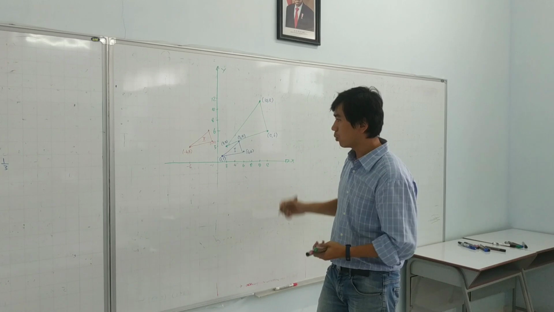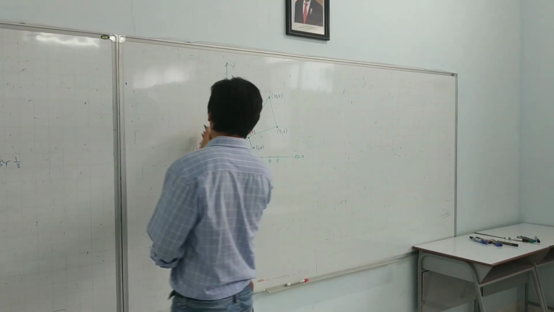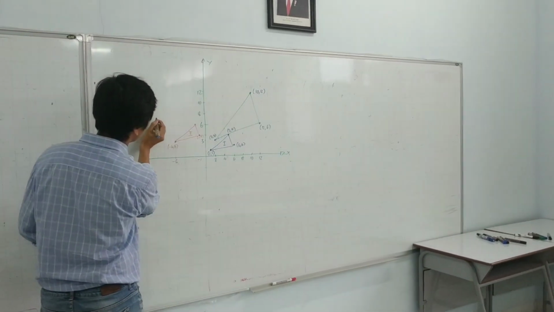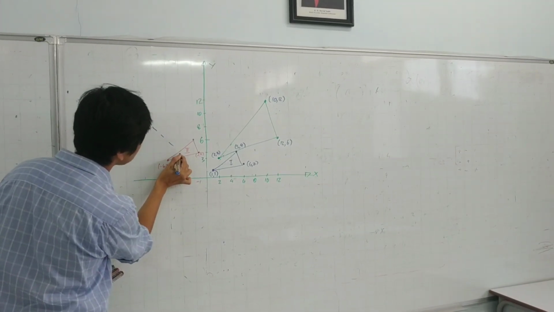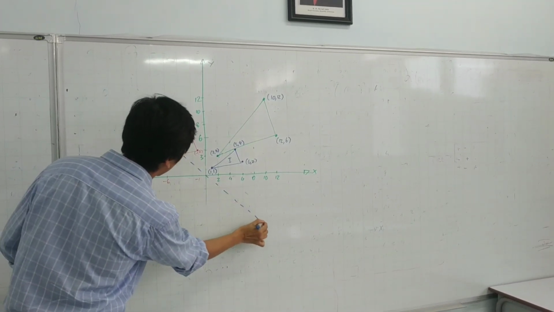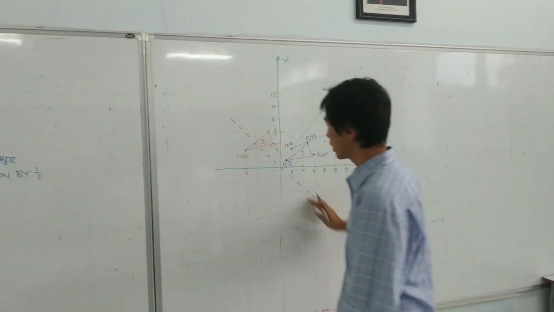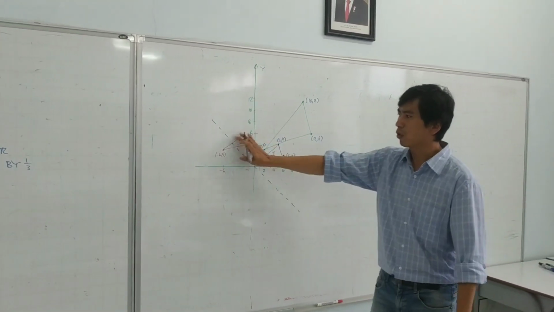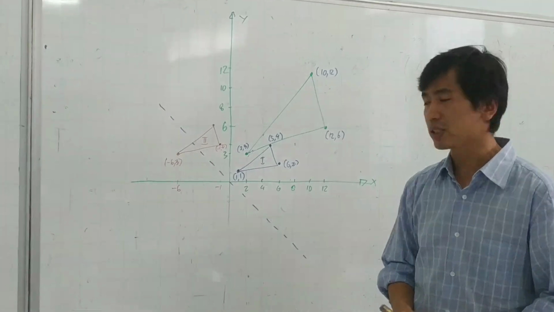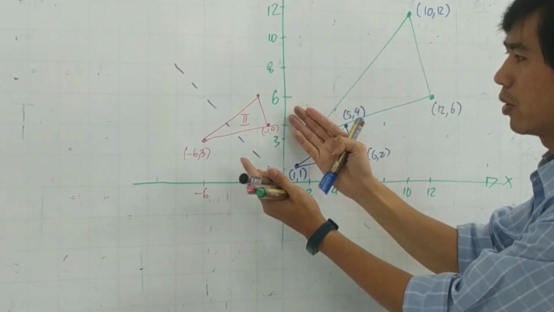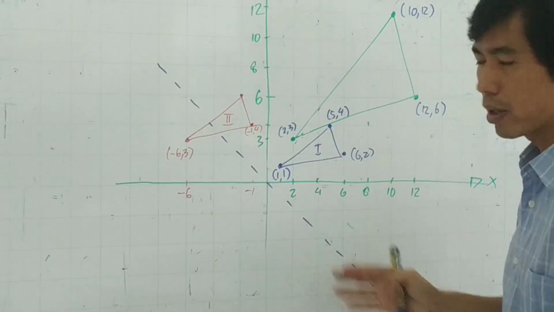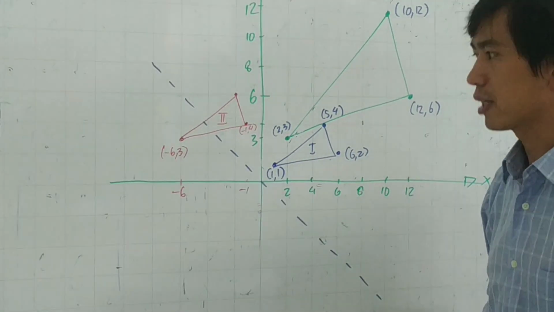So if I draw y equals negative x, this is what it will look like. Focus on the red shape. It means that you will have to mirror it to y equals negative x.